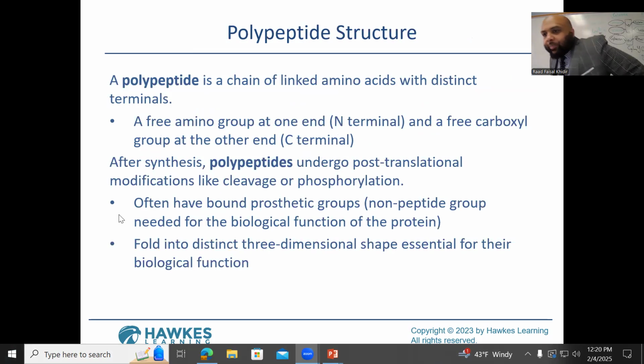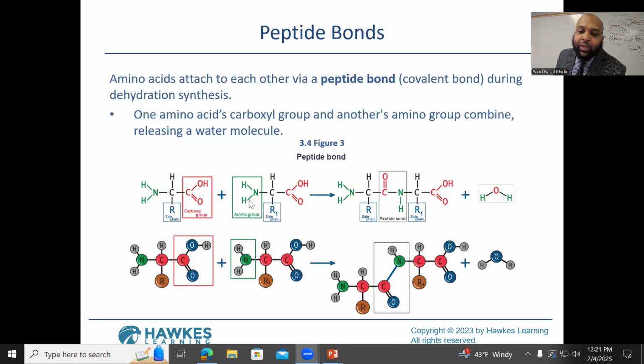Now, when we look at the polypeptide structure, a polypeptide is a chain of linked amino acids with distinct terminals. So there's a free amino group at one end, the N terminal, and a free carboxyl group. We talked about that. That's the amino group, the NH2, the green one. Then the carboxyl group is the red group.